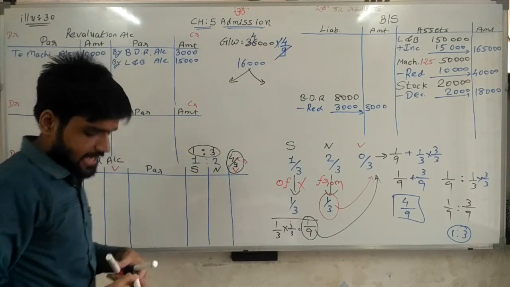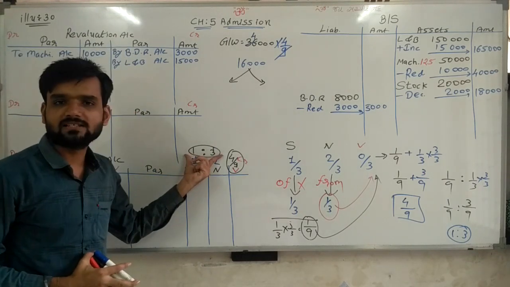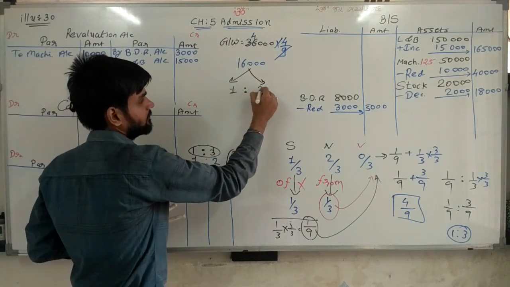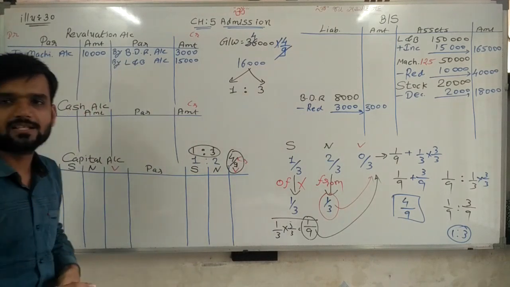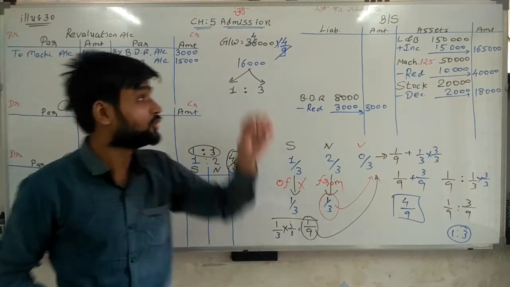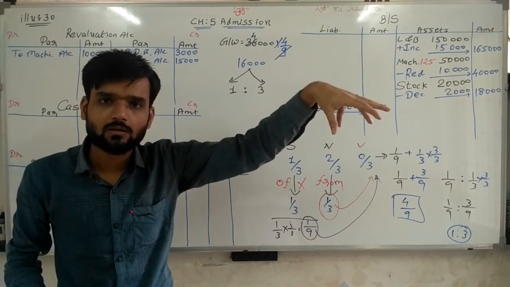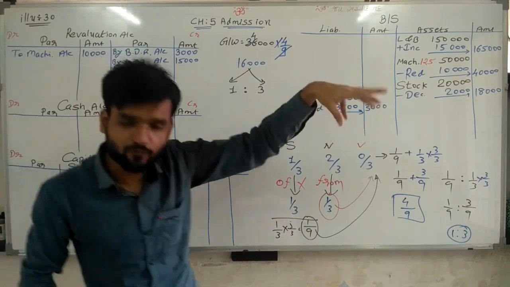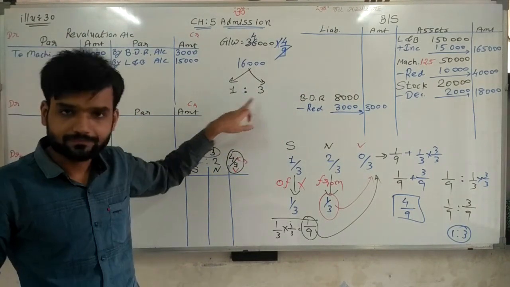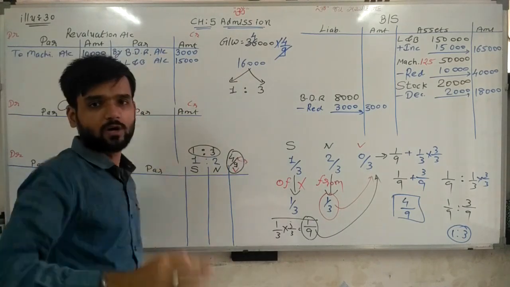Now this 16,000 is brought in cash, and we distribute this 16,000 among the partners in their sacrifice ratio 1:3. Again I am repeating: in the new value of goodwill, whatever share the new partner has is distributed in the sacrifice ratio.